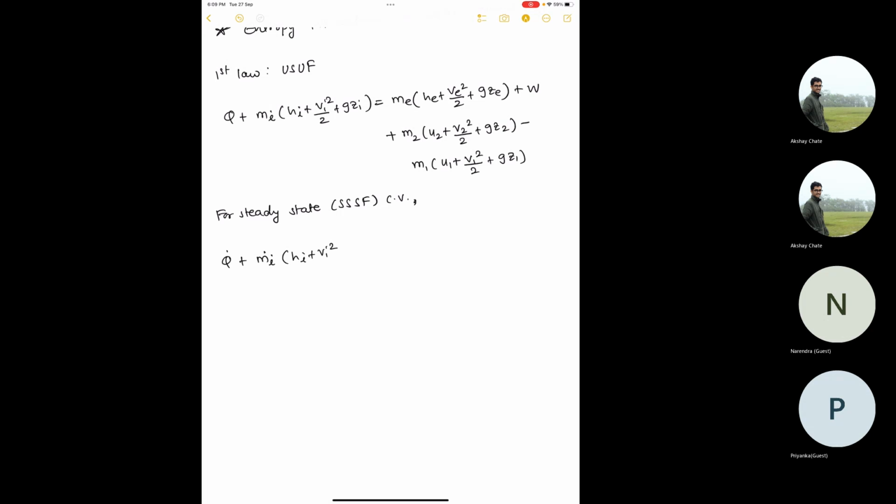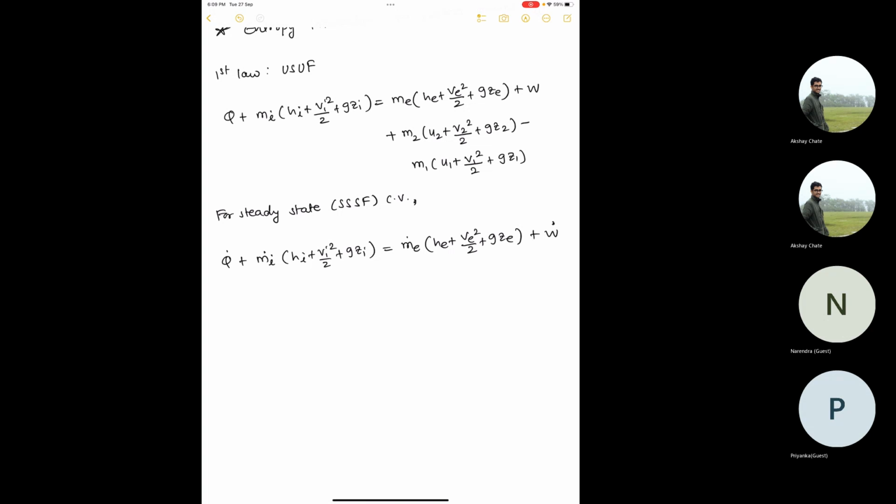The brackets remain the same, and here it will be exiting m dot He plus Ve square by 2 plus G ze, and work done by the control volume, W dot. One thing to keep in mind is the first equation, uniform state, uniform flow, is in the unit of joule energy, whereas the steady state steady flow equation has the unit of power: work done per unit time, joule per second.